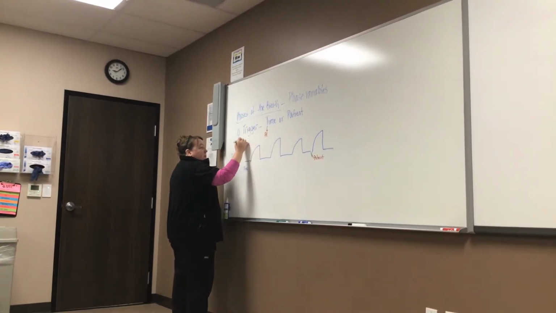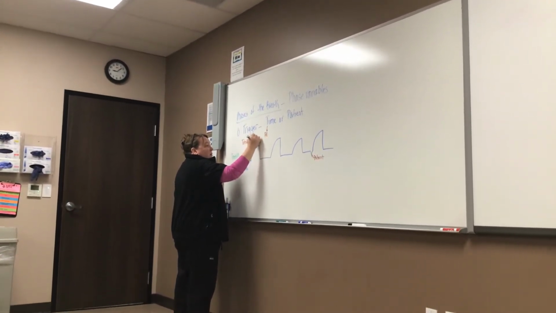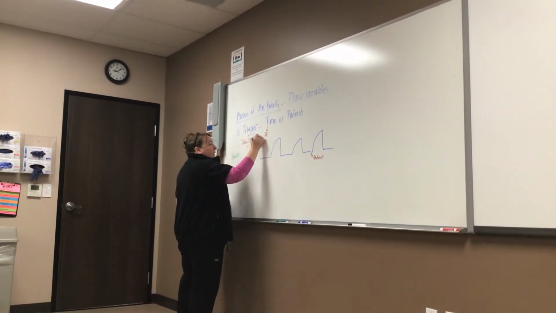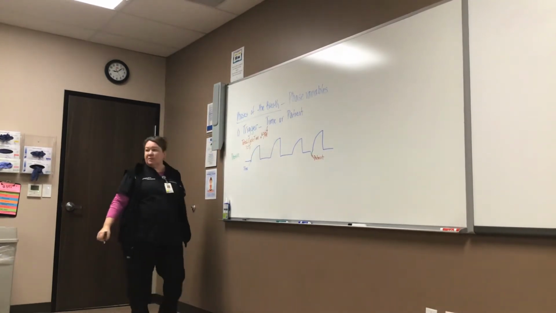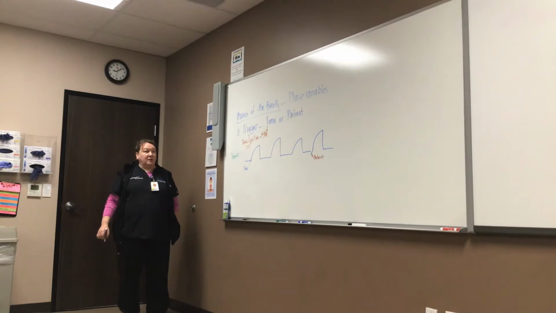And what we do is take what we call the total cycle time. That's abbreviated TCT, and that equals 60 divided by the patient's respiratory rate. 60 seconds in a minute, how many breaths are we delivering? That will give you what we call the total cycle time.